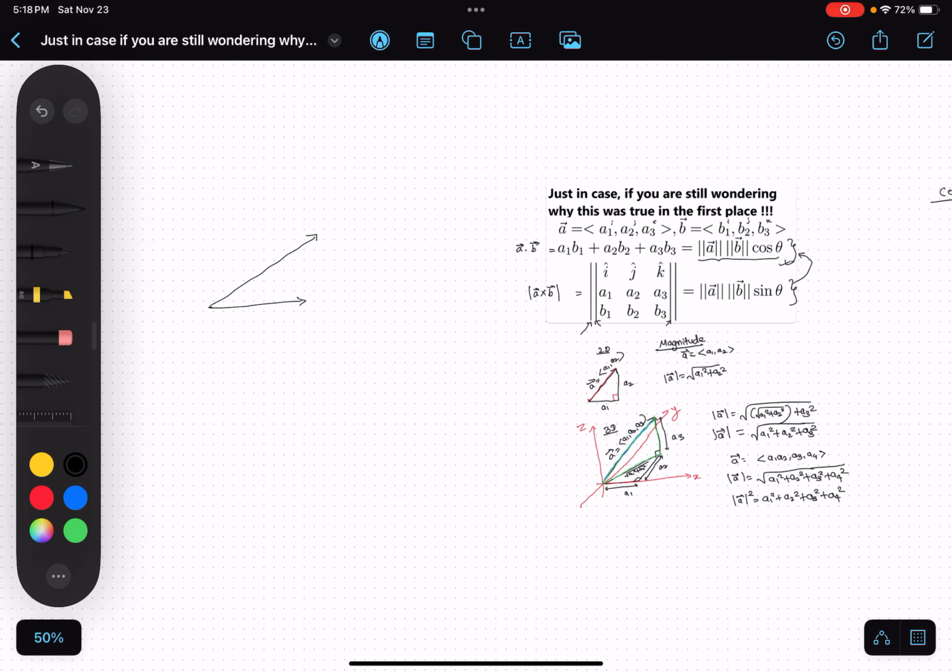So let's say this is our a vector, this is our b vector, right? Now in that case, a vector minus b vector will basically go from b to a, right? This is a vector minus b vector.